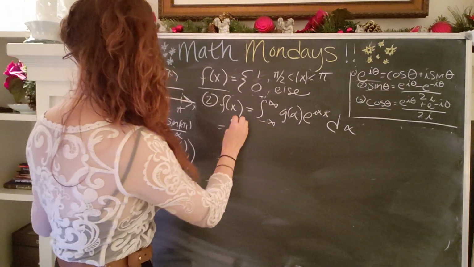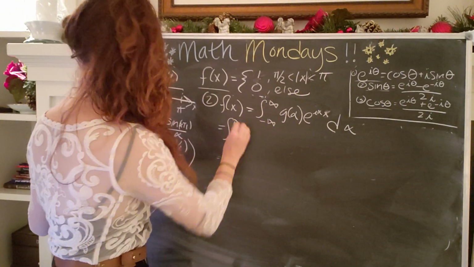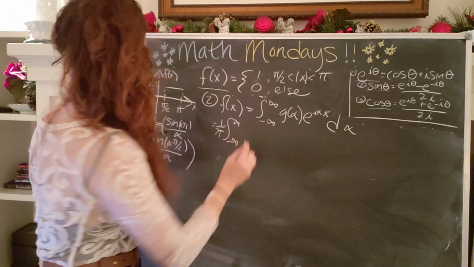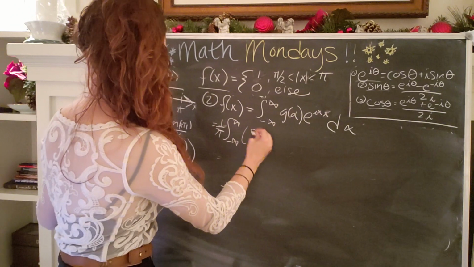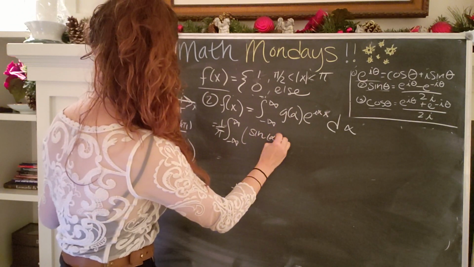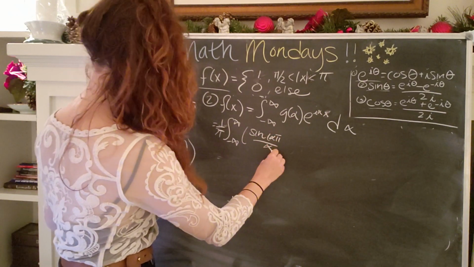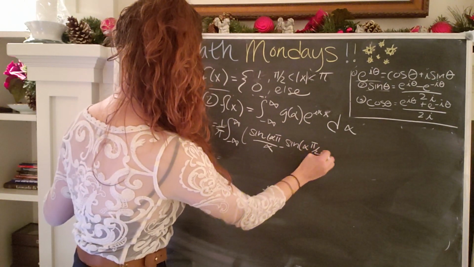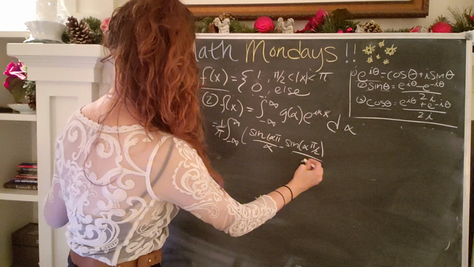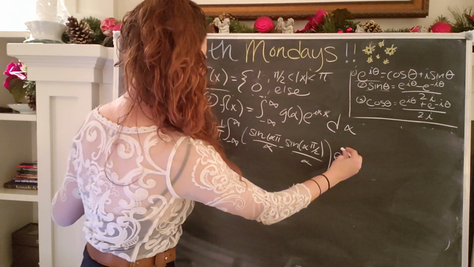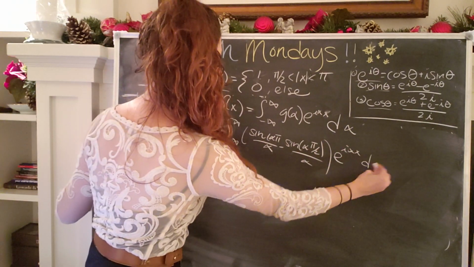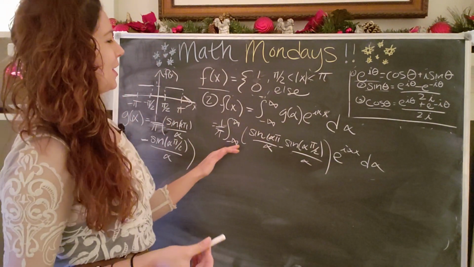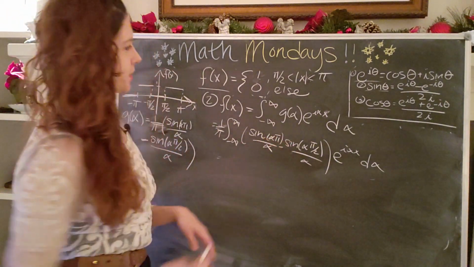So we get negative infinity to infinity of 1 over pi, that can come out because that is a constant, of sine alpha pi over alpha minus sine alpha pi over 2 over alpha times e to the I alpha x d alpha. Still writing crooked. That's okay. All right, so, oops, I forgot parenthesis there.